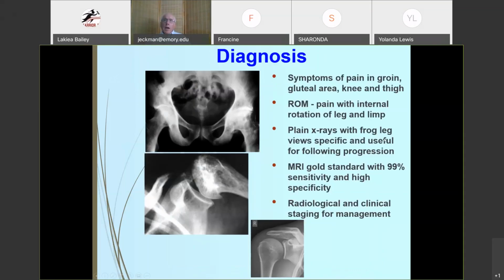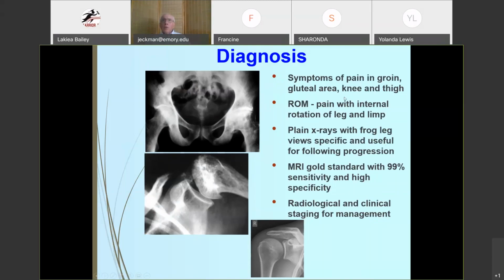Now, how do you make the diagnosis? Well, the other thing that's really tricky about this problem is that the pain usually isn't in what is perceived as the hip. The pain from avascular necrosis occurs in the groin, it occurs in the butt, and it occurs in the knee and the upper leg, the thigh.